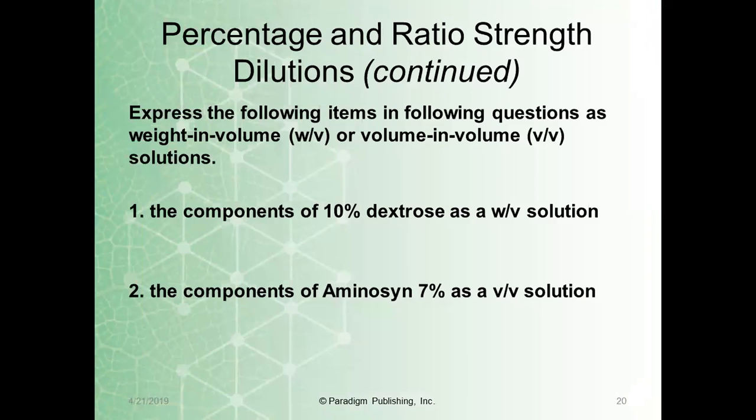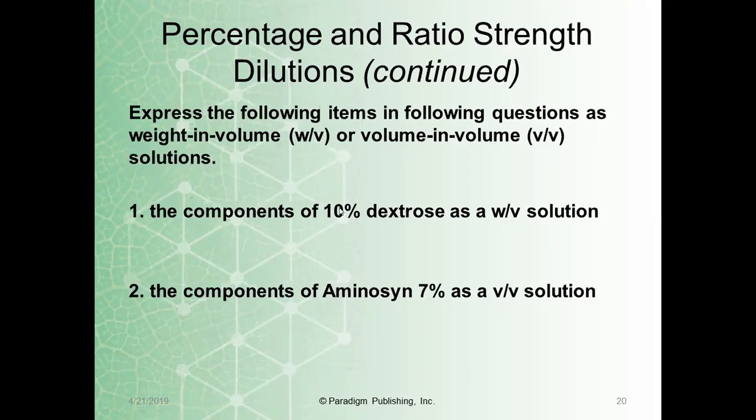So percent strength and ratio strength dilution. Express the following items in the following questions as a weight and volume or a volume and volume solution. So the components are 10% dextrose as a weight volume solution. So remember, we said 10%, anything that's percent, change that to grams.